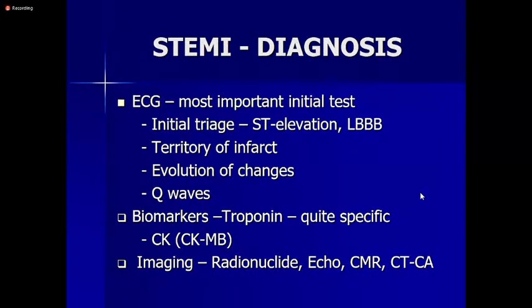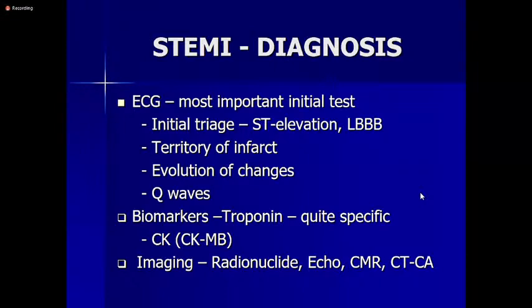So in terms of investigation in somebody you suspect may be having an acute coronary syndrome, the most important thing to do first is a 12-lead resting ECG.